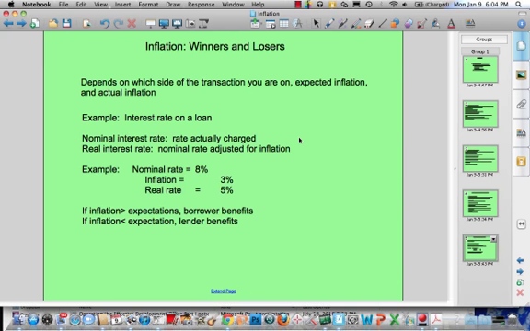Conversely, if the inflation rate is lower than the expectation, the lender benefits. Well, why does the lender benefit? Because borrowers have to repay their loans with funds that have a higher real value than had been expected back at the time that they took out the loan.